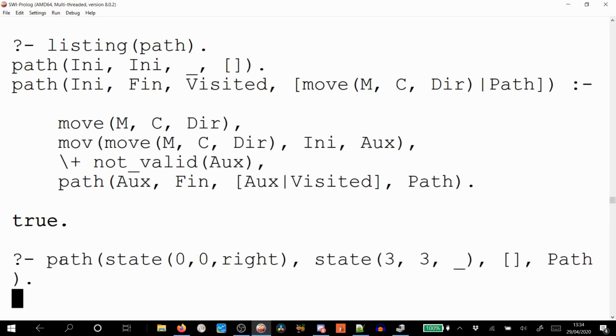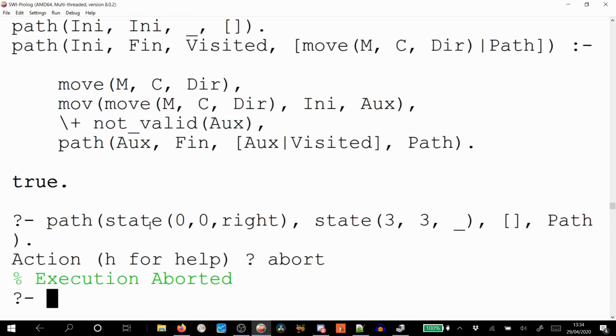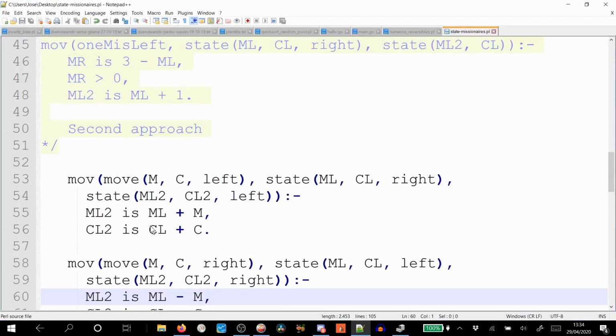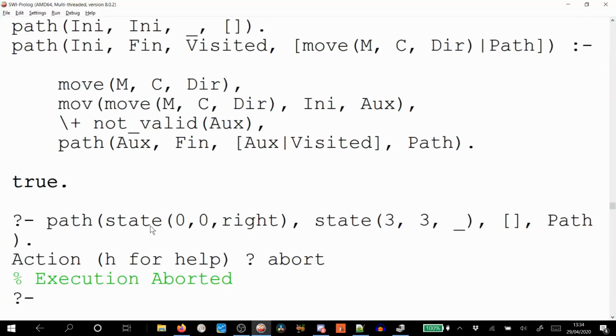Okay, we have some mistake here. Let me check, because I'm taking a lot of time. I'm going to tell you how you can detect this type of problem. We have a graphic tracer or debugger.